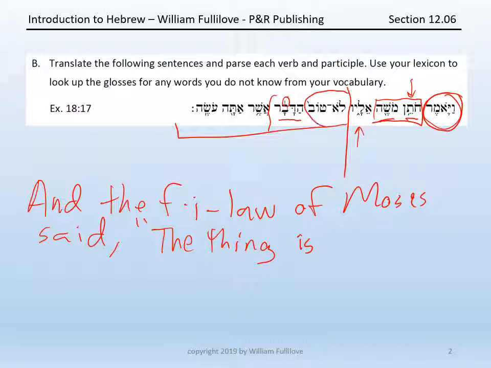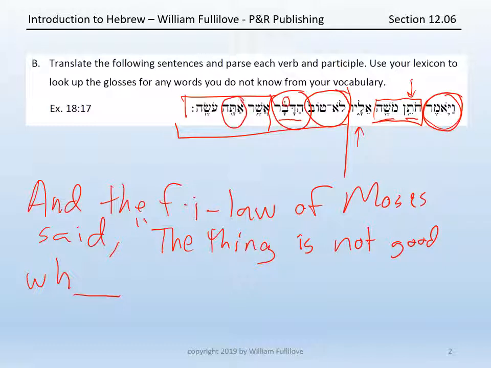And then we have a predicate adjective negated, not lo, good, tov. And then that hadavar is further modified by the phrase asher ata oseh. So asher, remember we do wa, and we figure out the rest of the word based on the clause.